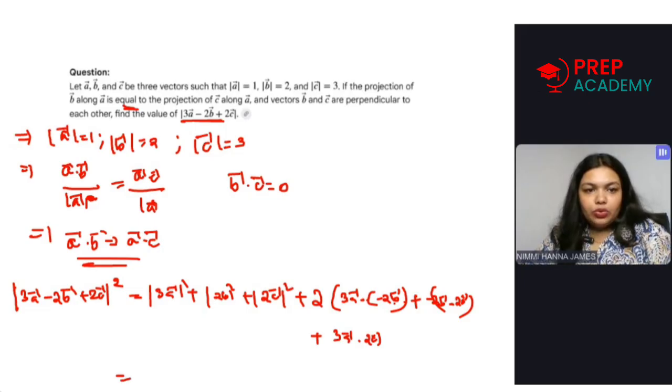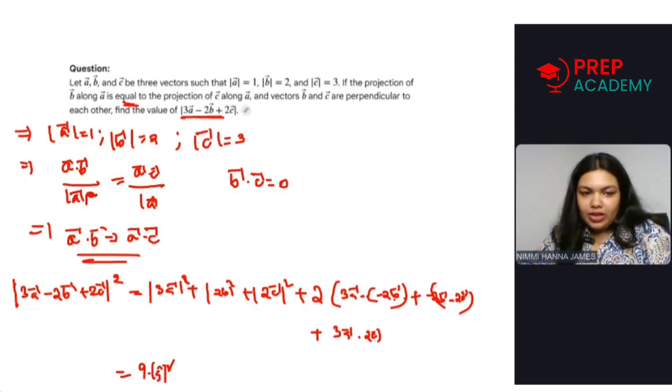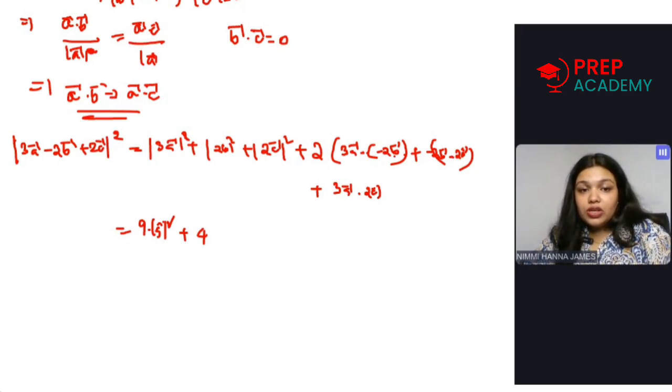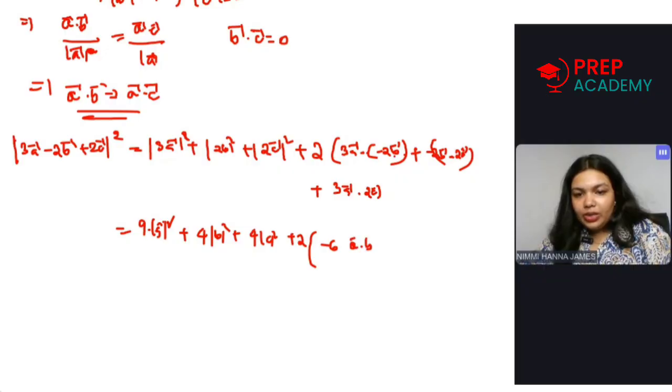Okay, now here it is a square, so modulus of 3a square means 3 square, 9 into modulus of a square, that is the square is applicable to both a and 3. Okay, so 9 into mod a square plus here also 2 square is 4, so 4 into mod b square plus 2 square is equal to 4 into mod c square plus 2 into, here it is 3 into 2 minus 6 a dot b, correct, minus 6 a dot b.